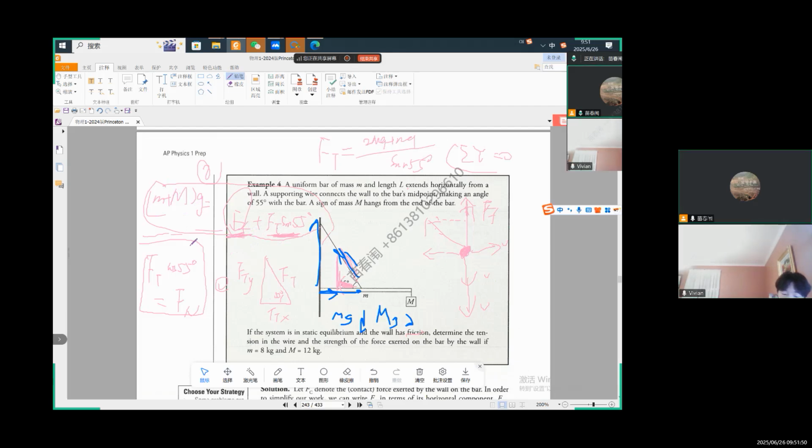You want to do this one? You have to simplify everything. Yeah, a lot of simplifying to do. M plus M is 20, times 10, so 200 equals, is that FT?